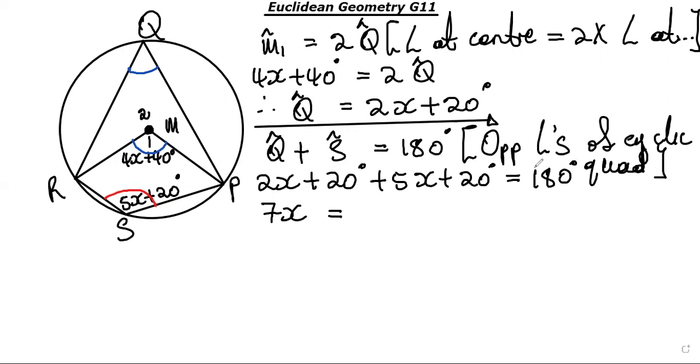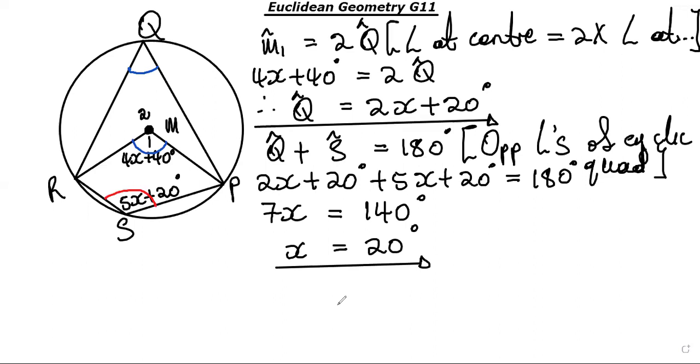And you say 180 degrees minus 40 degrees, it's 140 degrees. Then we divide both sides by 7. What is 14 divided by 7? Well, it's 2. So the value of x will just be 20 degrees, right?